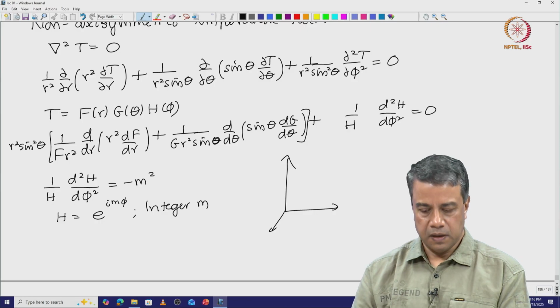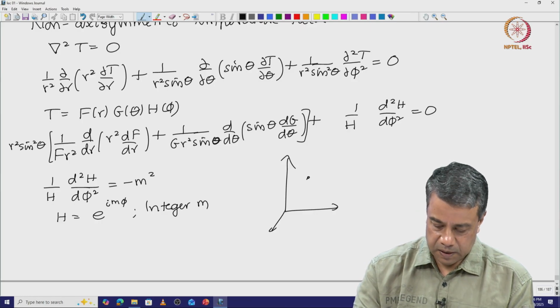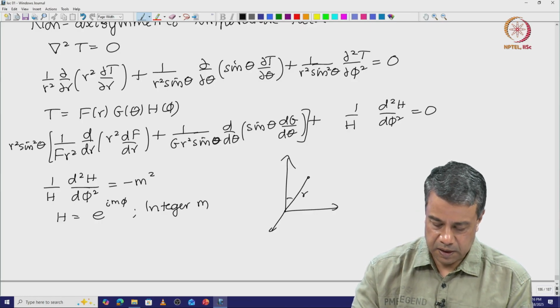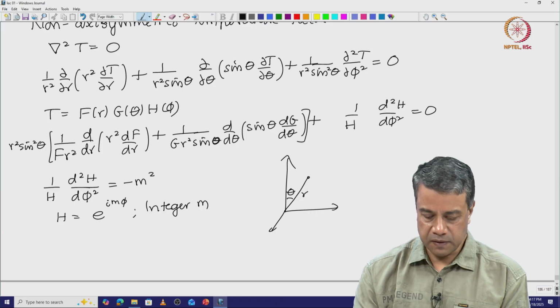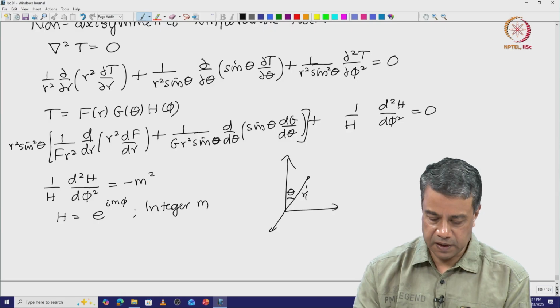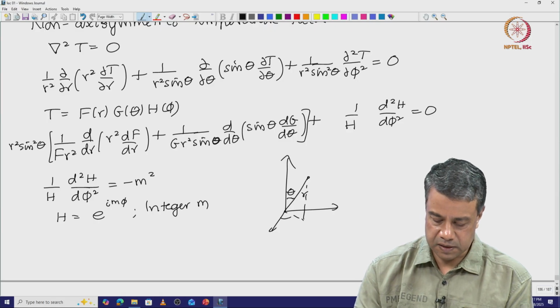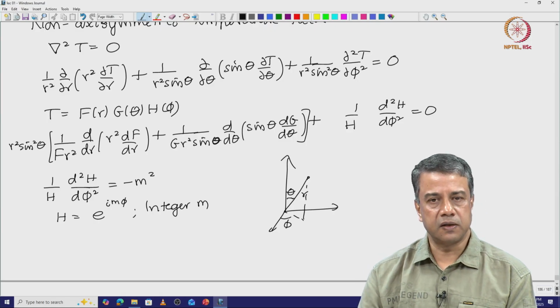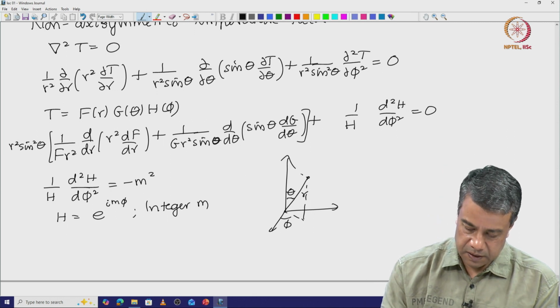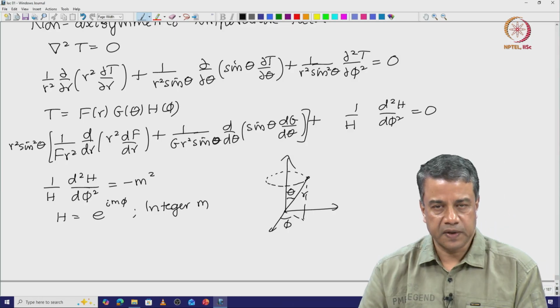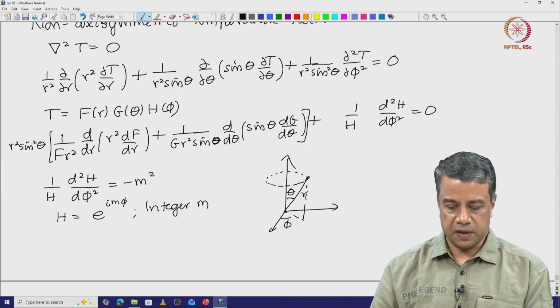From the requirement that at a particular position r and angle theta, if I increment phi, note phi is the angle around the axis, the meridional angle, if this angle goes around and comes back to the same location, it is the same physical point in space.